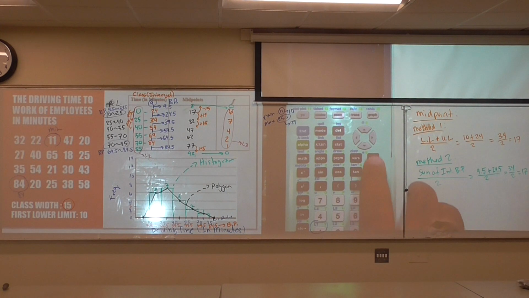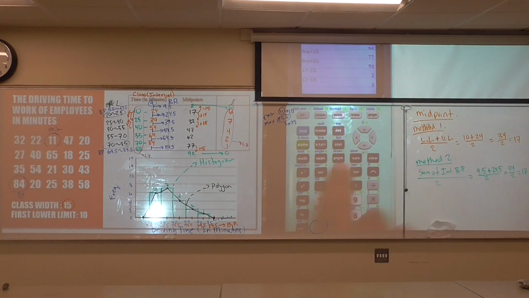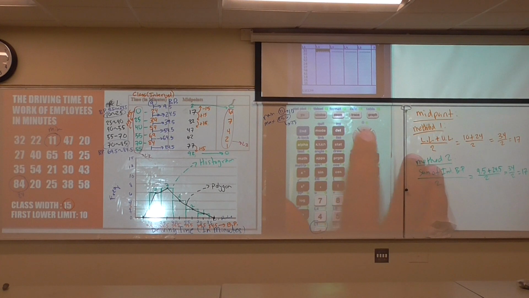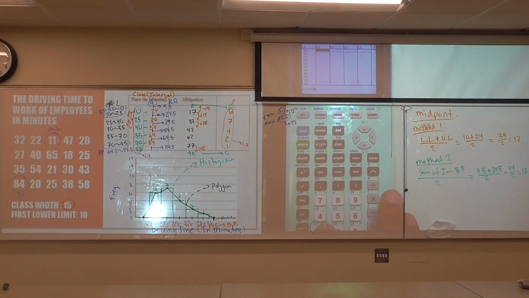So I'm going to go over here to the calculator. I'm going to go to statistics and edit. And list 2, I'm going to let those all be the corresponding lower limits. So we have 10, 25, 40, 55, 70, and that's it, because we only have 5 intervals.